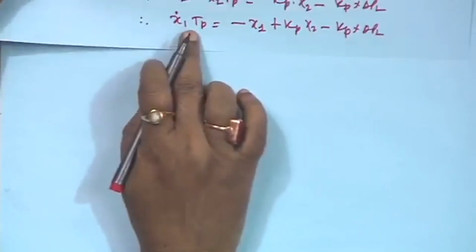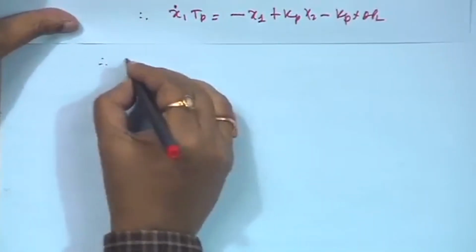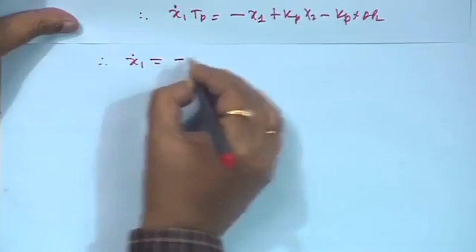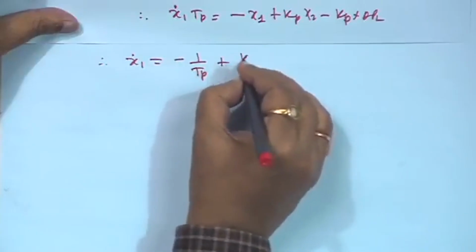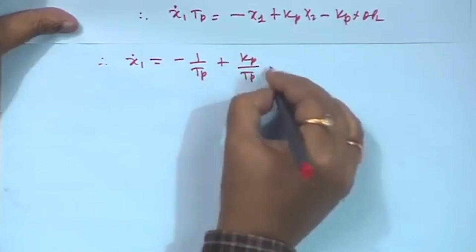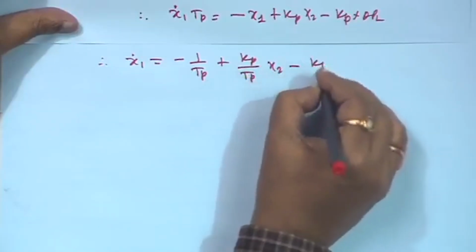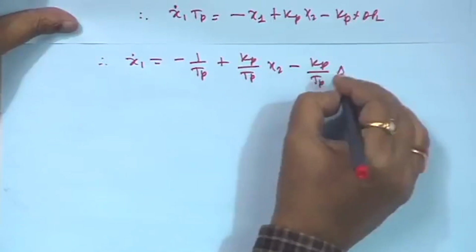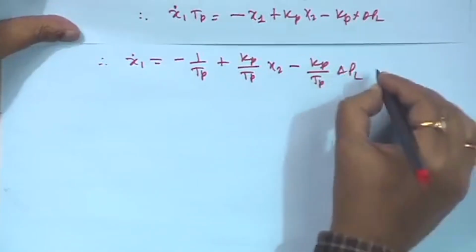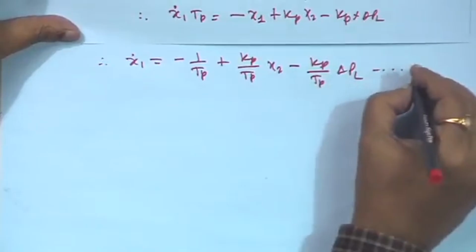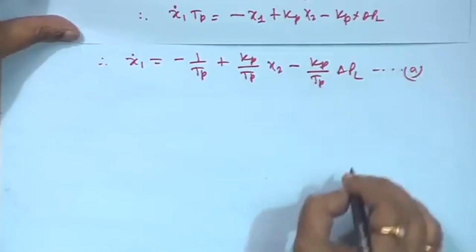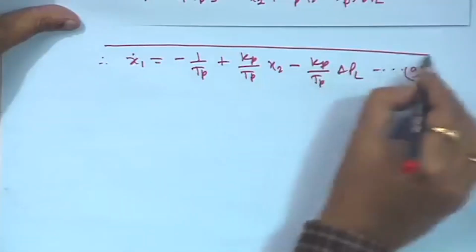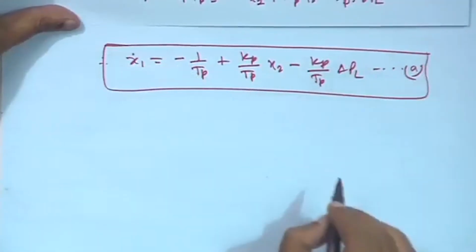That means this equation you can write x1 dot is equal to minus 1 upon TP x1 plus Kp upon TP x2 minus Kp upon TP delta PL. I am marking this as equation A, because several times we are using a small a. So, this is the first equation for x1 dot.